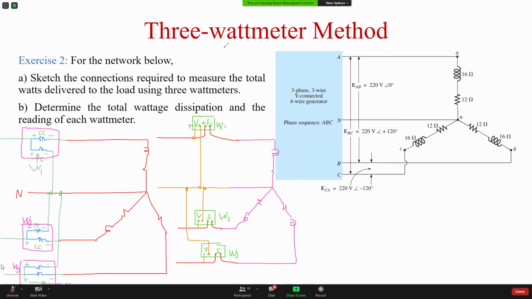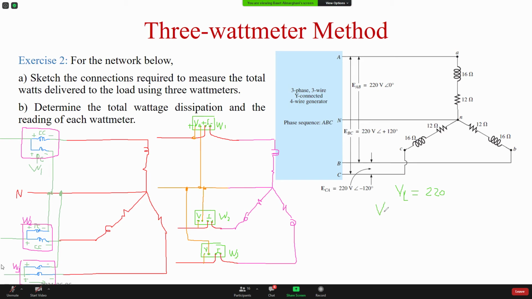Okay, now the other question says determine the total power, which is the reading of each watt meter. Now, each watt meter is going to read 1/3 of the power. So what is the power here? If I can find the current, it's I squared R. So, line voltage given 220.